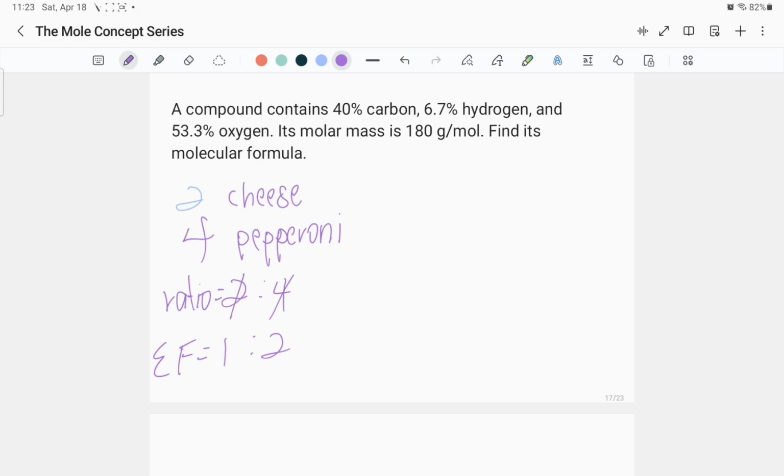Now if we want a bigger size pizza, let's say we use 3 slices of cheese to 6 pieces of pepperoni.